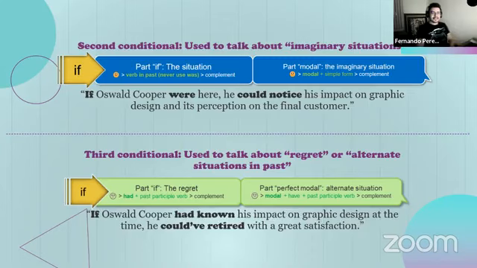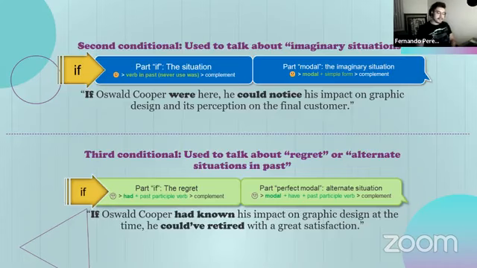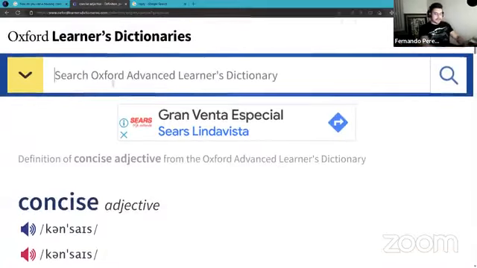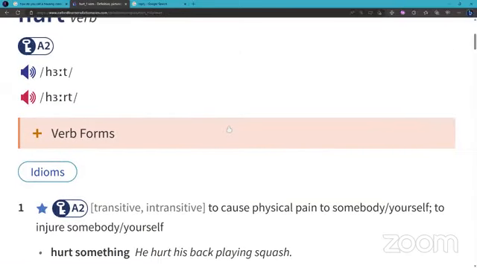Is it present or past? Made him, exactly. An injury, exactly. You can use a different verb. Let's transform the phrase made him an injury and use the verb hurt. Hurt him. That's right.